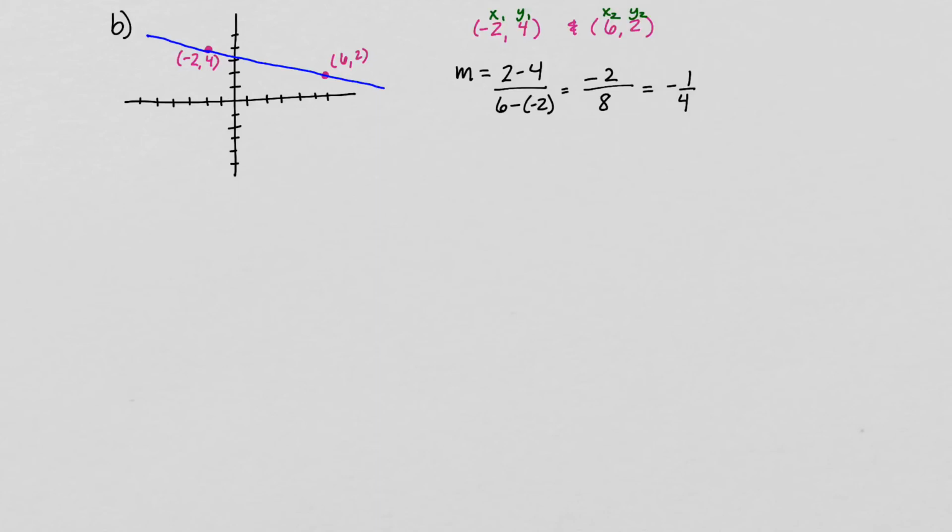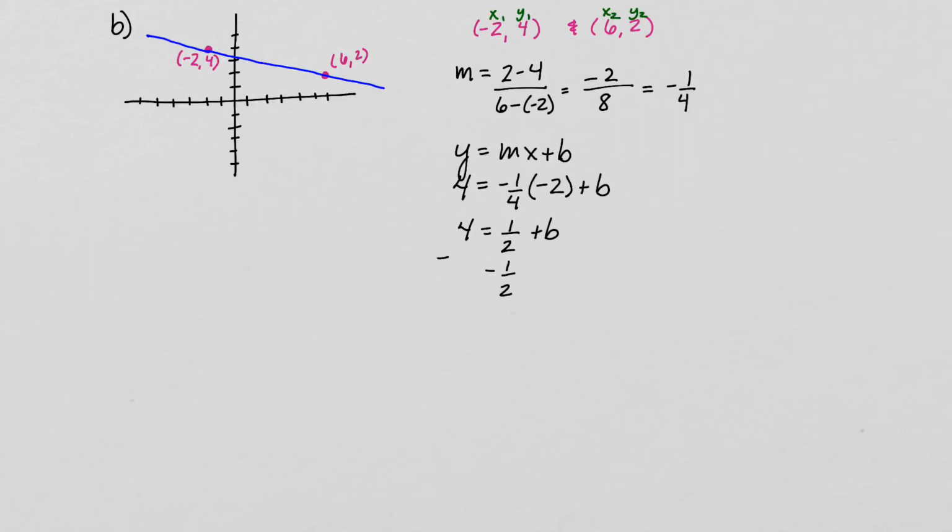And then we're going to use that y equals mx plus b. I'm going to pick a point. So I'll just use this first point. It does not matter which point you use. So 4 for the y is equal to the slope, which is -1/4, times the x value, which is -2, plus b.